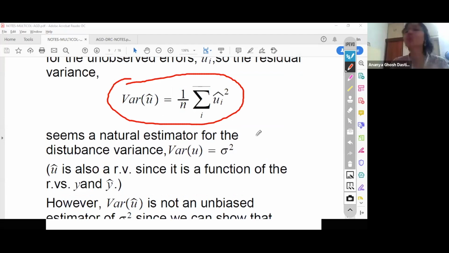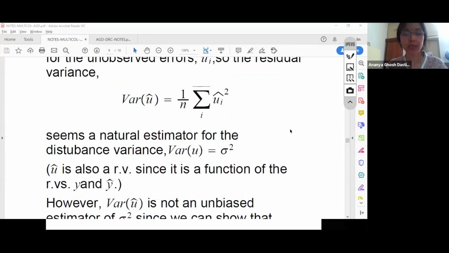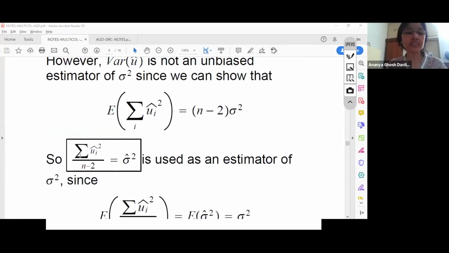Bias hai, koi baat nahi. We will get rid of the bias. How will we get rid of the bias? Very simply. I'll just show you how to get rid of the bias. We just have to divide the residual sum of squares by the degrees of freedom of the regression.